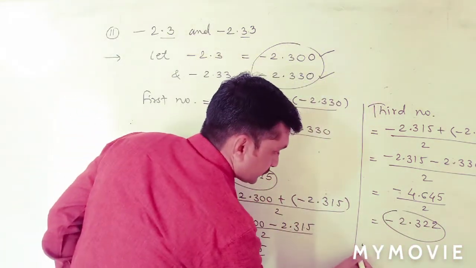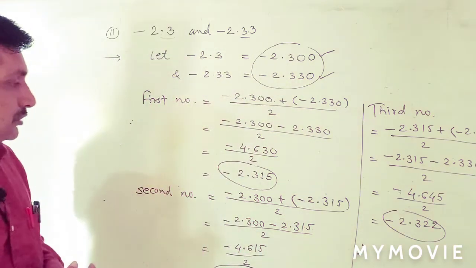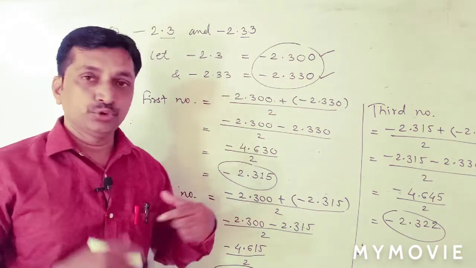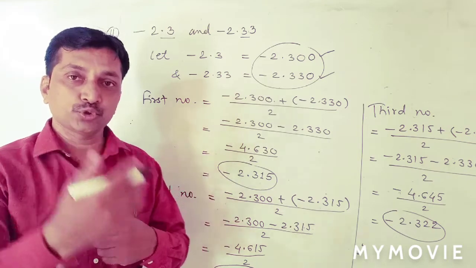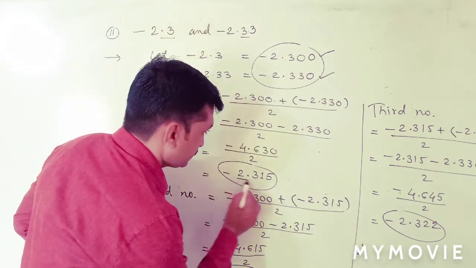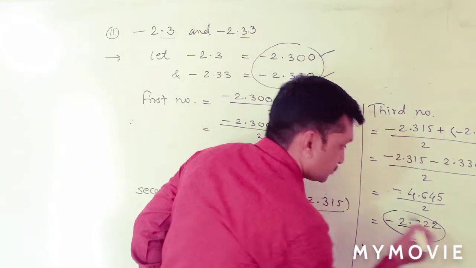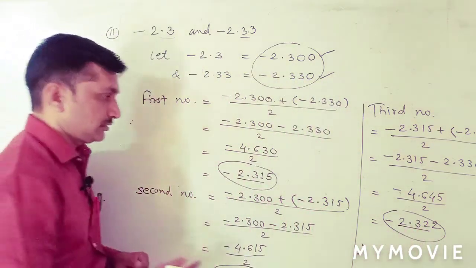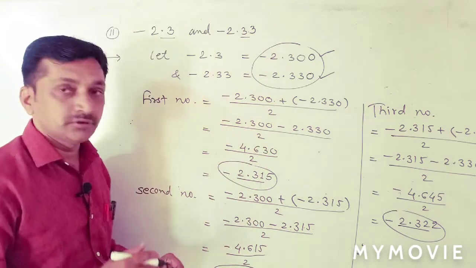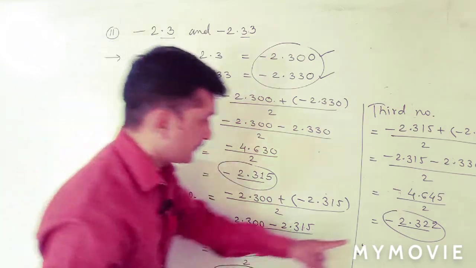Okay, and therefore we have our three numbers. Now arrange them. Both are negative. Up to 2 digits after the decimal point, here 2.31, here 2.30 and here 2.32. Now arrange them. Which number will come first on the number line? The greater number will come first.